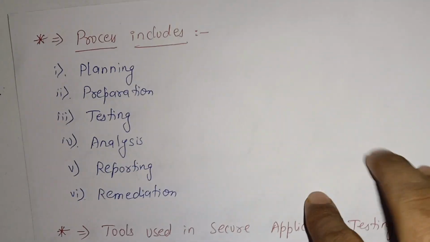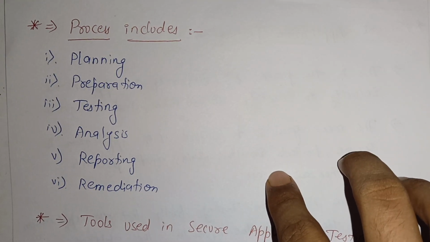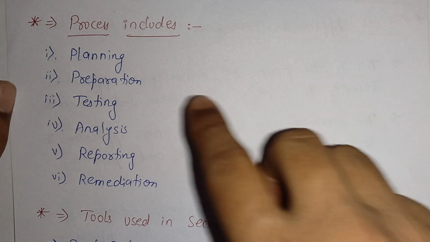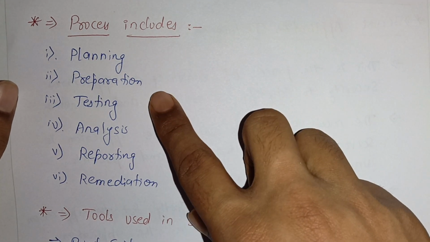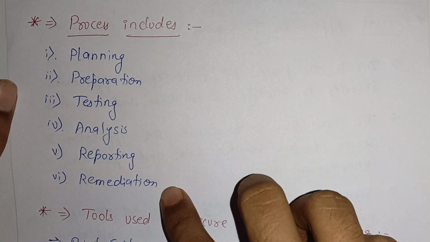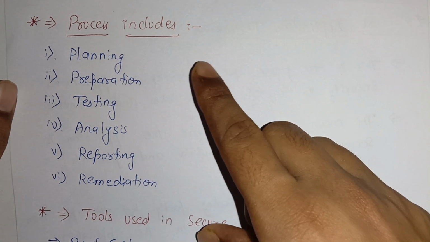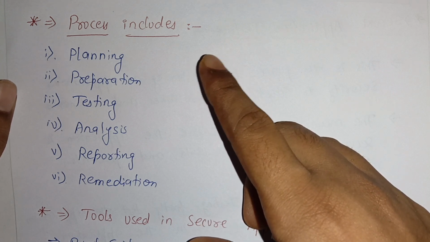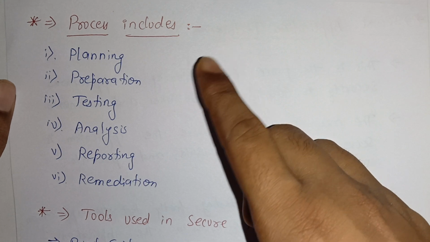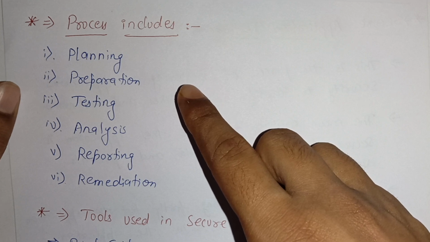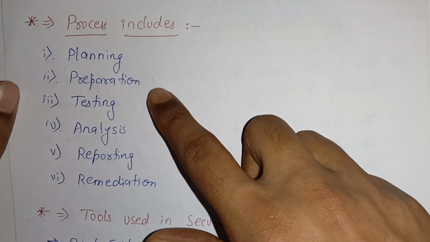Now we'll move to the process. What are the processes with which this application testing works? First one is planning, second is preparation, third is testing, then analysis, then reporting, and then remediation. First, it plans the things, like what requirements a user has. Then preparation: whatever the application has and whatever testing we need to perform, it prepares all of that.